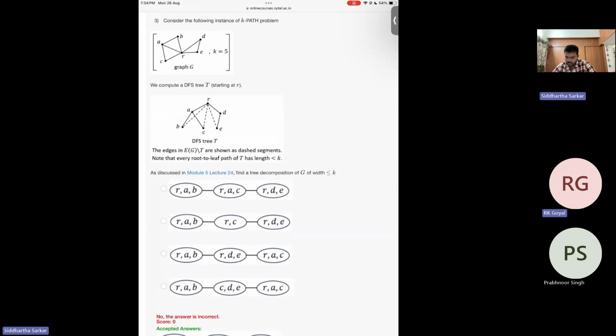Now you're doing a DFS from R. How will it look? First you explore R, then in the traversal, what do you report? A. After A, what do you report?